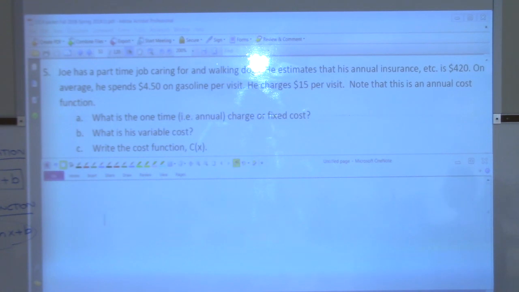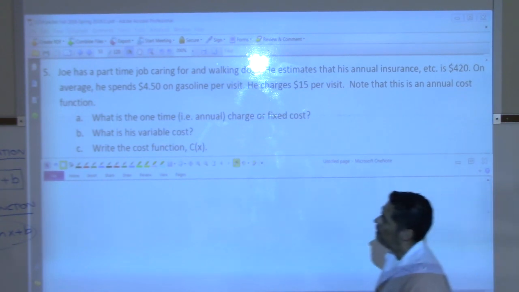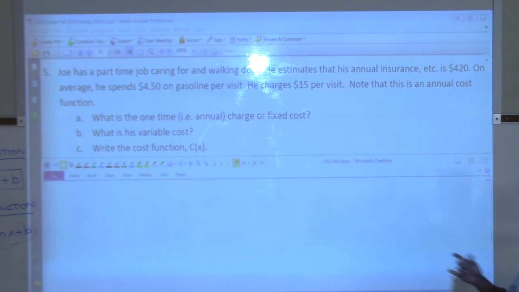I think you've already answered the first part for us, yes? No matter what happens, if he's going to run his business, even if he walks no dogs, he has to pay $420, right? Agreed? Per year? Okay. Who's up, Timothy? Do you want to tell us about the variable cost? This is the one that's a little tricky.